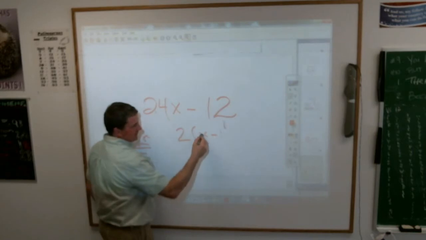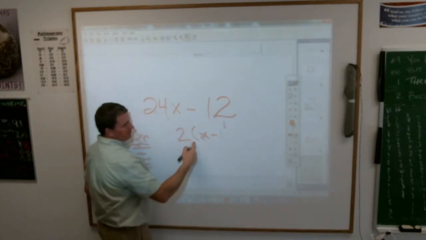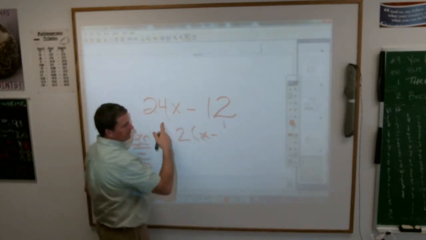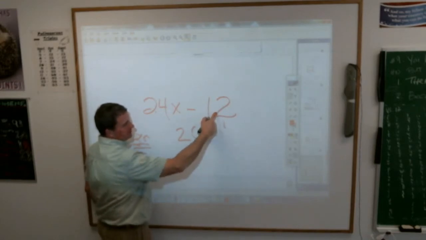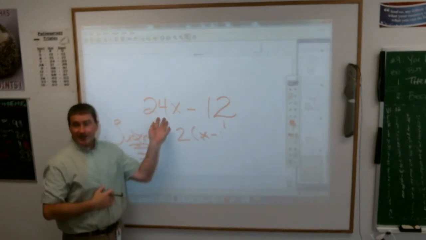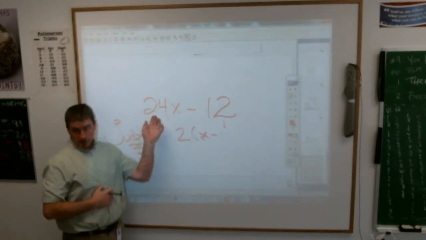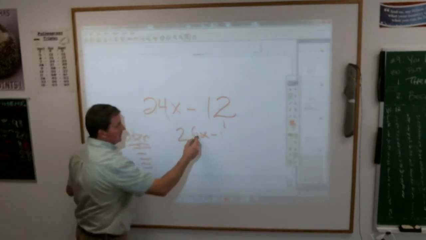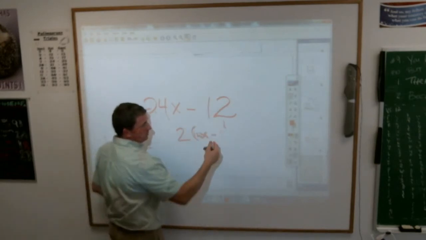Now, I'm going to tell you that if I remultiply this, I get 2x, not 24x, and if I multiply 2 times 1, I get 2 and not 12. If you take a 2 out of this, you divide 24 by 2, which is 12. And if you divide 2 into 12, you get 6.